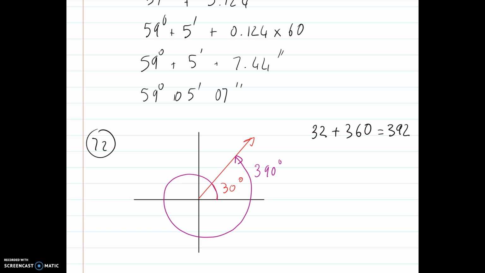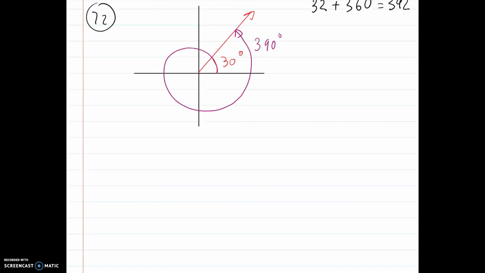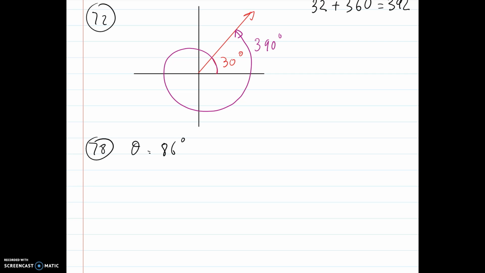If I do problem number 78, the angle theta equals 86 degrees. What I do is 86 plus 360 degrees, and I end up with 446 degrees.